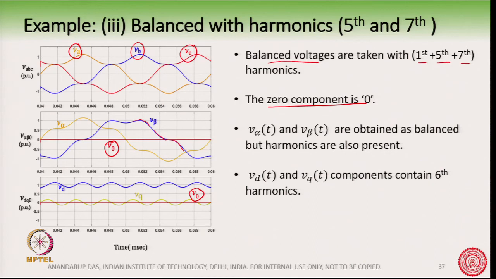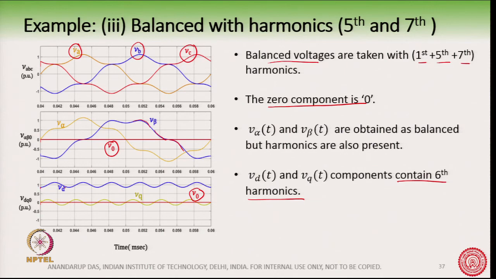Now, there is something interesting here in the Vd and Vq domain. There is a 6th harmonic component; Vd and Vq contain the 6th harmonic. Now, how come this 6th harmonic comes? How do you know that this is a sixth harmonic?